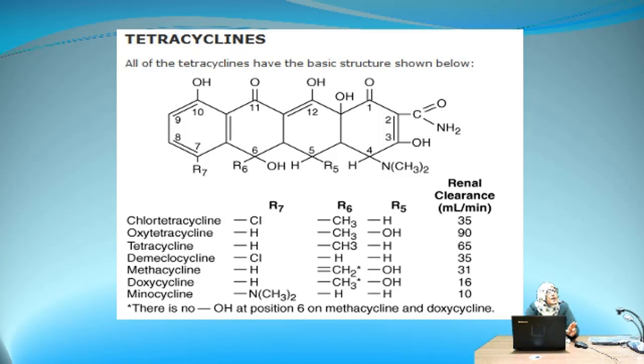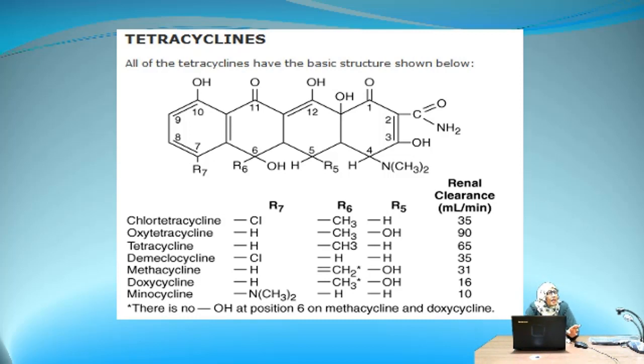Methacycline has H at R7, CH2 at R6, and OH at R5. Doxycycline has H in R7, CH3 in R6, and OH in R5.